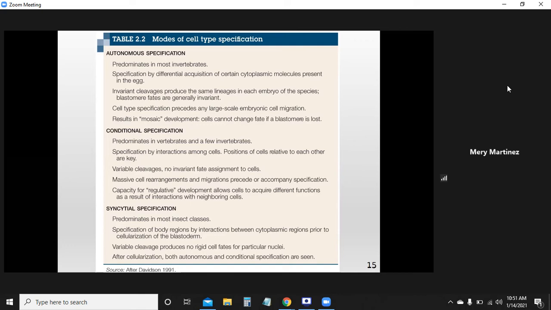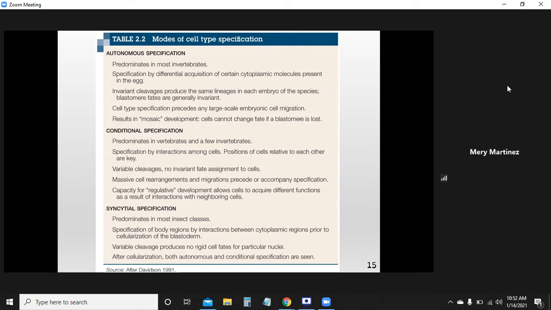At the end, we have cell differentiation, which allows cells to become a unique cell type. A cell goes from undifferentiated to a specific type of cell by committing to a fate. And cells can use those three different types of specification. Autonomous, where the embryo has the cytoplasmic determinants that function to commit towards a fate.